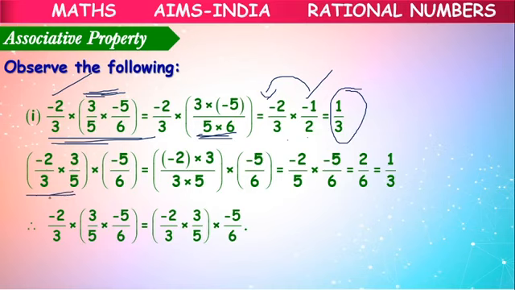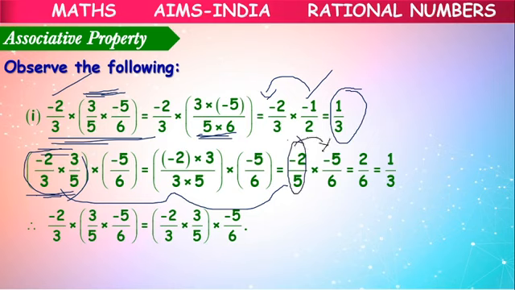If you change the order, the first and second rational numbers are grouped together, kept in brackets, and simplified first. We get -2/5. That is multiplied with the third. Then also the result is 1/3. So we have changed the order while multiplying three rational numbers, but the result is the same.